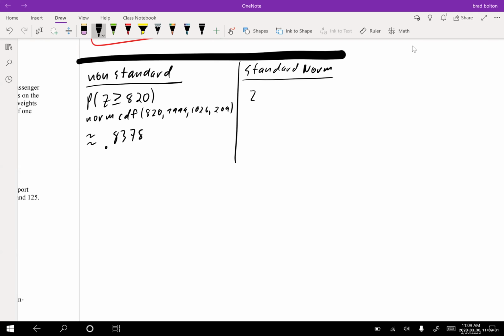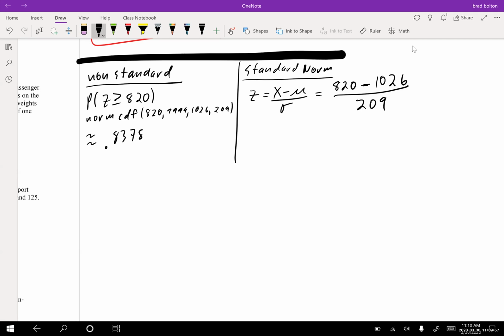So same problem, z equals x minus mu divided by standard deviation. So that means that I'm going to have my x value of 820 minus my mean, which is 1026, divided by my standard deviation of 209, okay?